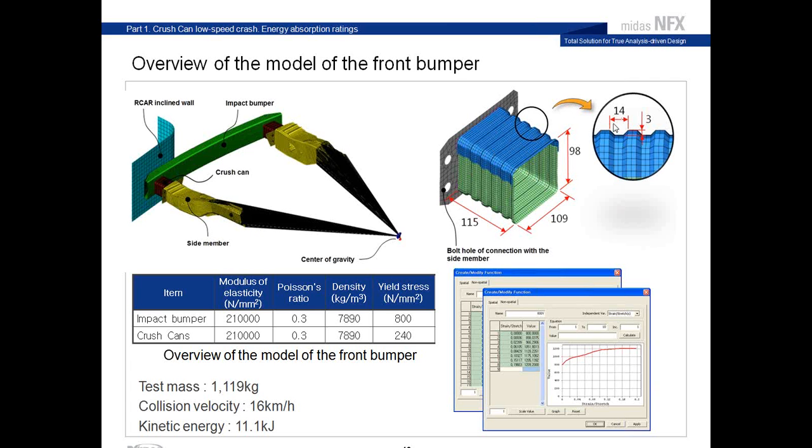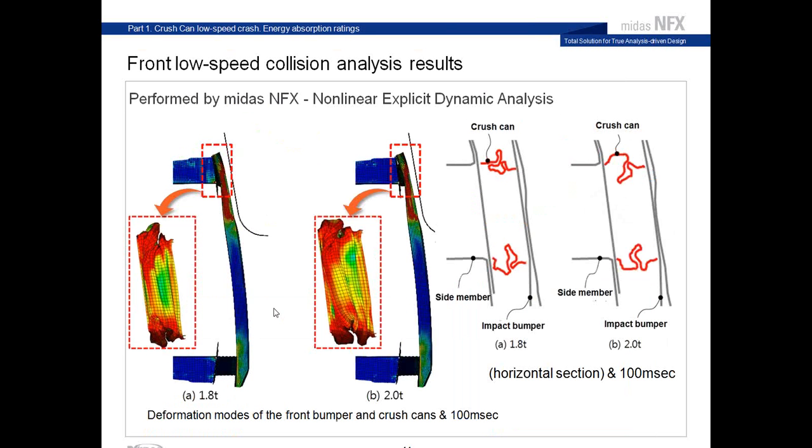So you have the bumper, the dimensions, and this is the difference between two different crash cans. For one you have 1.8 millimeter of thickness, and the second one has 2.0 millimeter of thickness. So you see there's a difference. For only 0.2 millimeter of thickness more, it will protect much more during the impact.